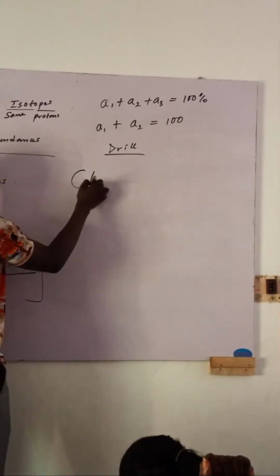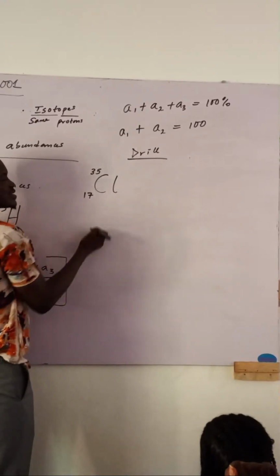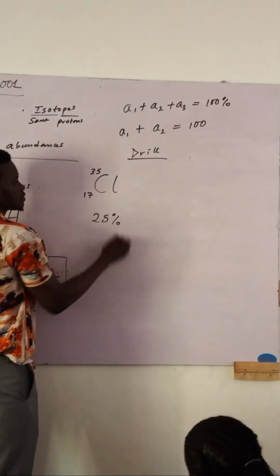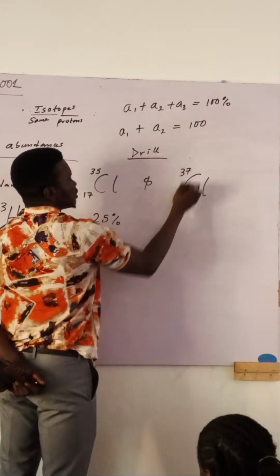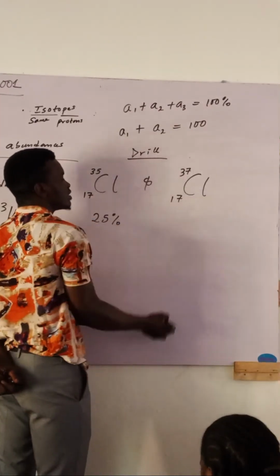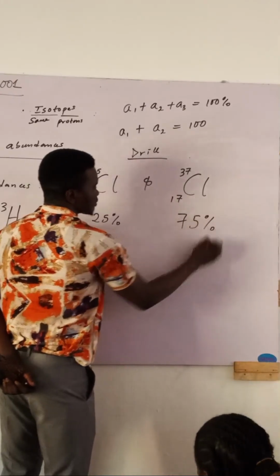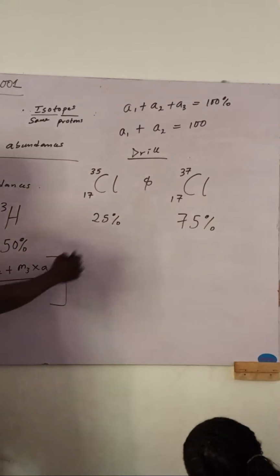I have chlorine 35, atomic number 17, with abundance of 25%. And I have chlorine 37, atomic number 17, with abundance of 75%. If they ask me to calculate the relative atomic mass, what will I do?